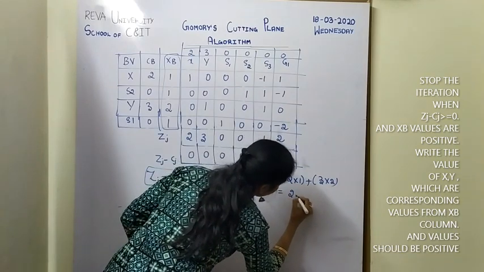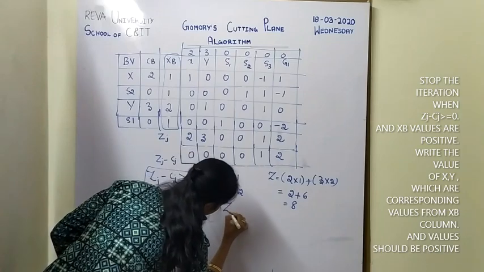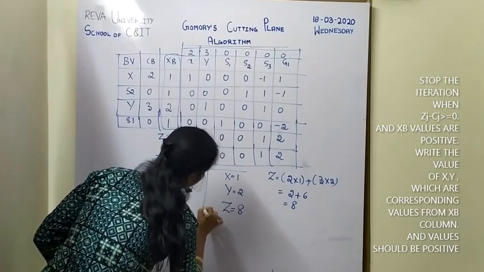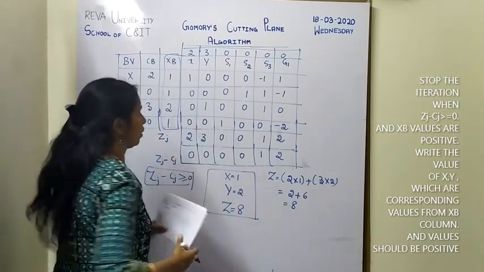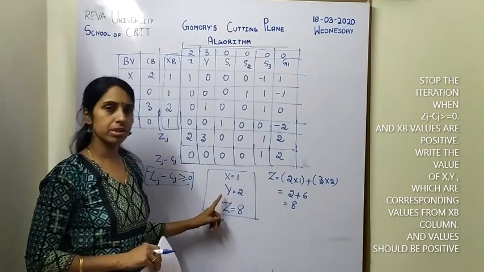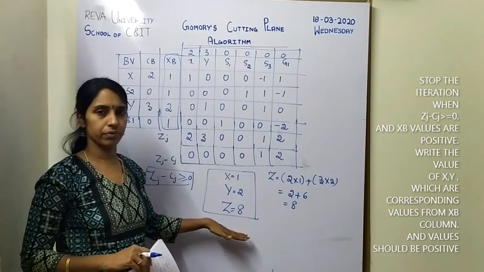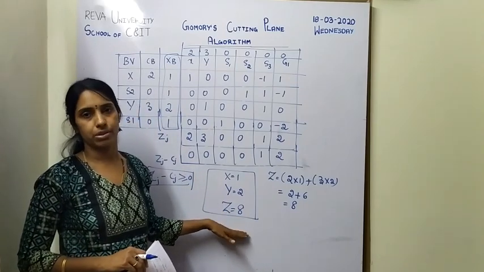Here you will get 2 plus 6 equal to 8. So your z value will be equal to 8. And all these x and y values are integers and greater than or equal to 0. So this is how you have to stop the iterations. Thank you.